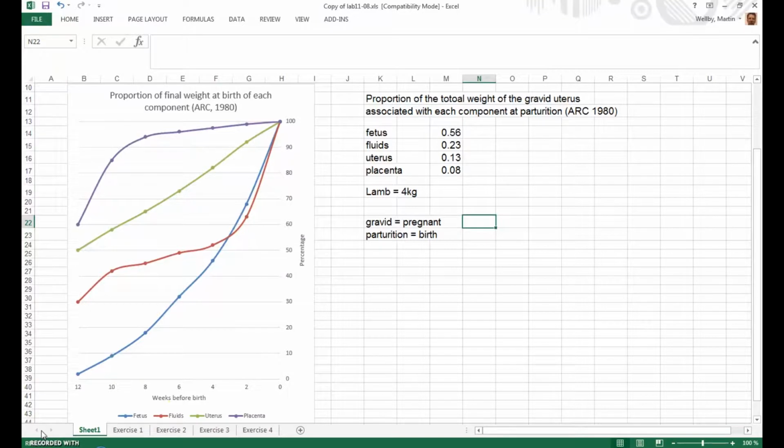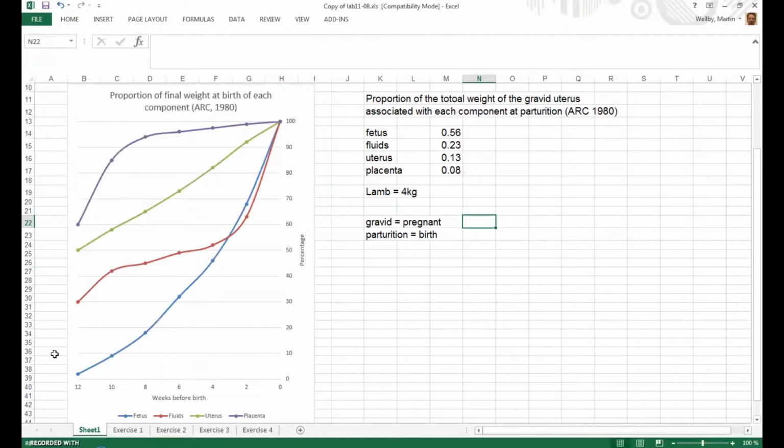So this is exercise 1, and this is going to give us some numbers to the weight changes during pregnancy. So the increase in the weight of the fetus and the fluids and the placenta and the uterus, as they increase as a proportion of the live weight of the animal.